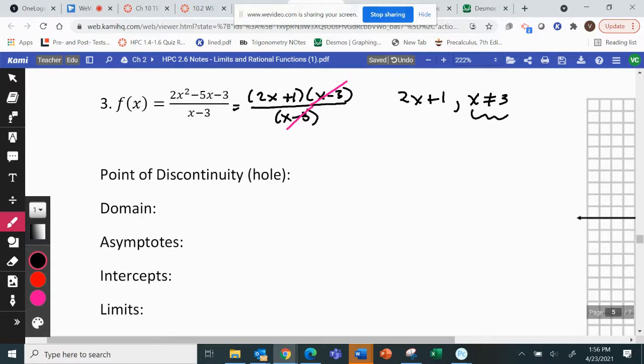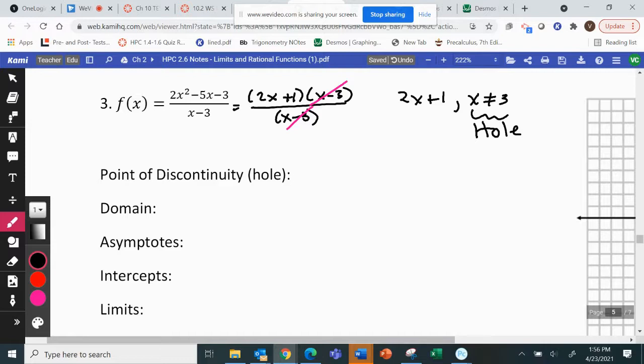This part right here is a hole in the graph. It's a hole. It's not an asymptote because it was in the top and the bottom. A fancier phrase for hole is a point of discontinuity.